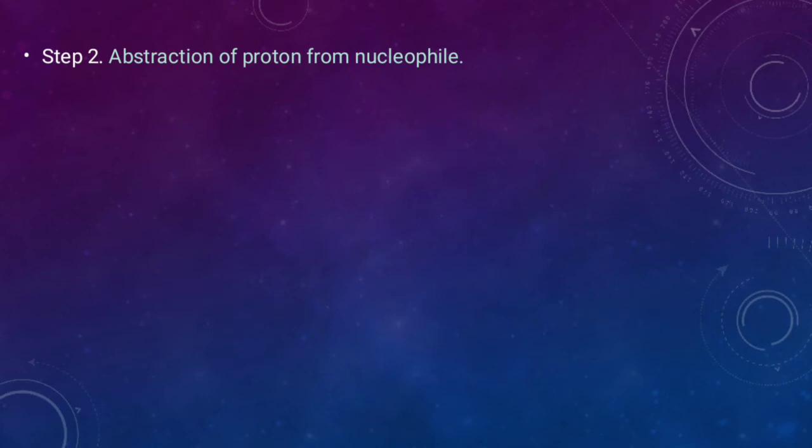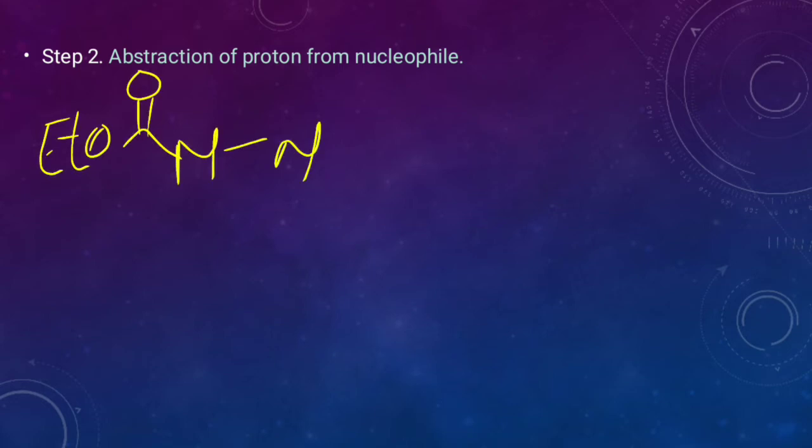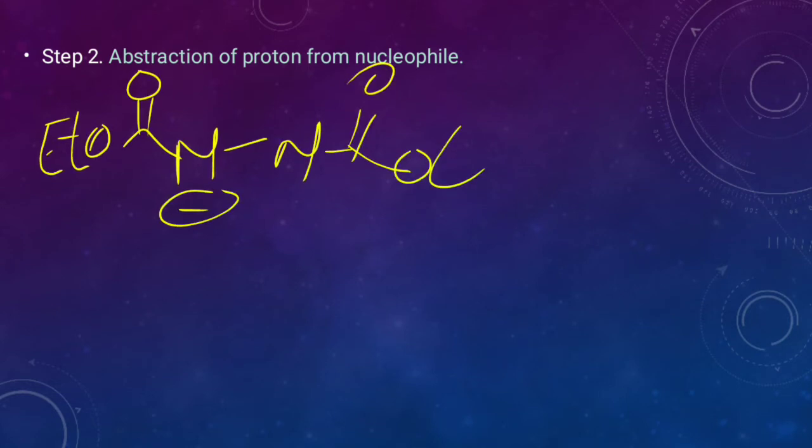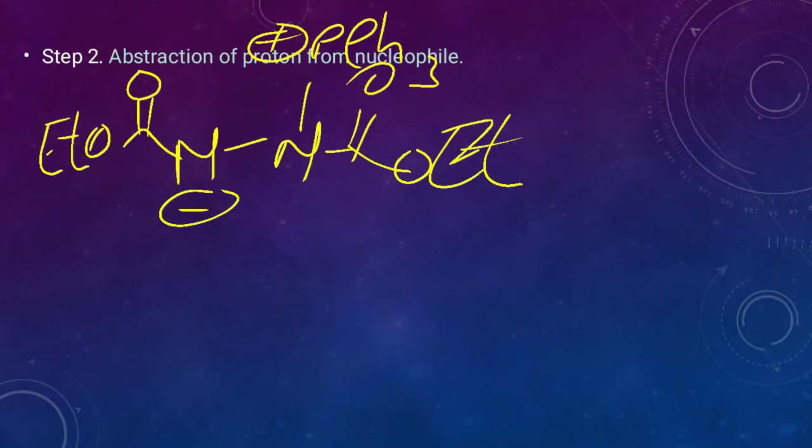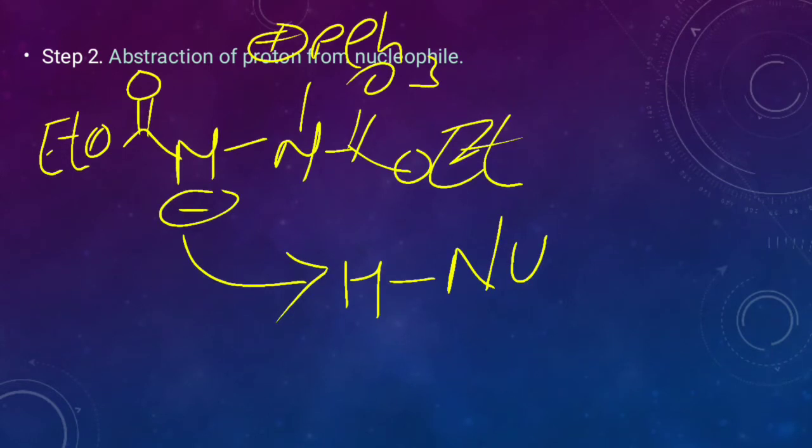So what happened in the second step? This is our zwitterionic intermediate. This nitrogen abstracts the acidic proton of the nucleophile and it will form another intermediate.